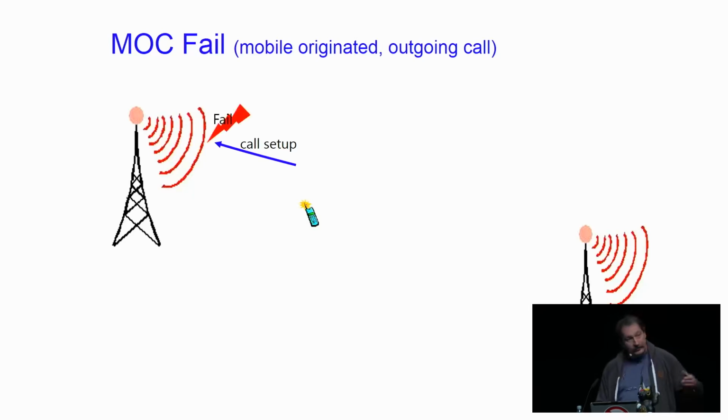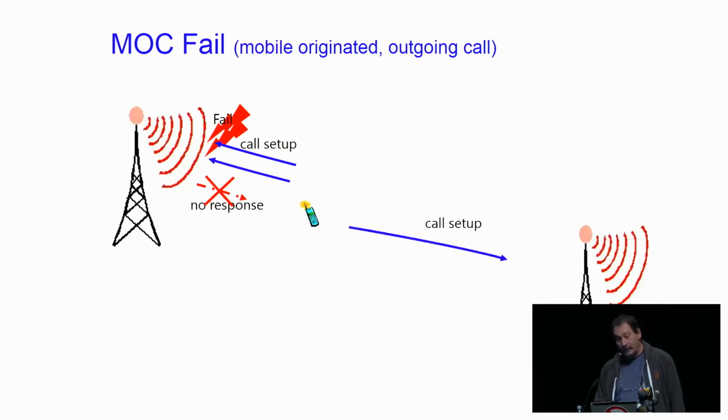It tells it I'd like to make a call, but somehow the receiver is deaf. It does not receive anything. Then the mobile device tries again, and so on. And if there is still no response, mobile devices switch to another cell.